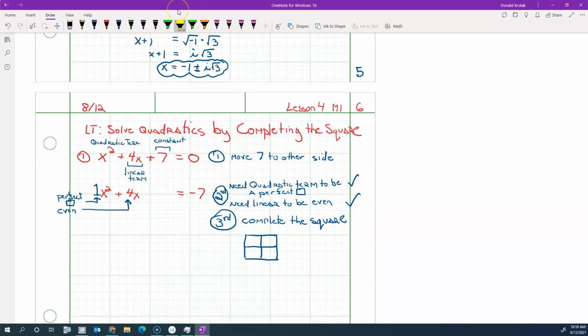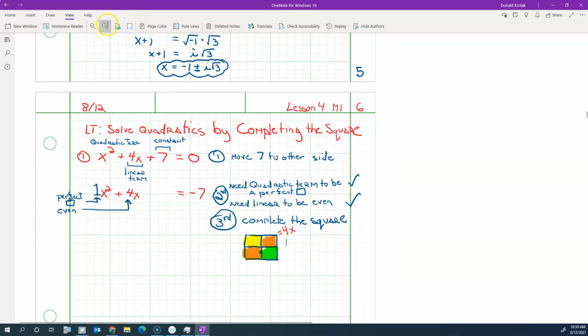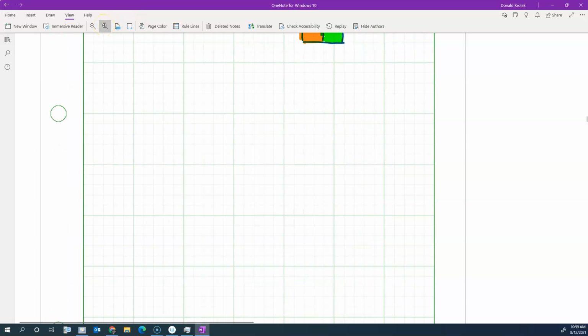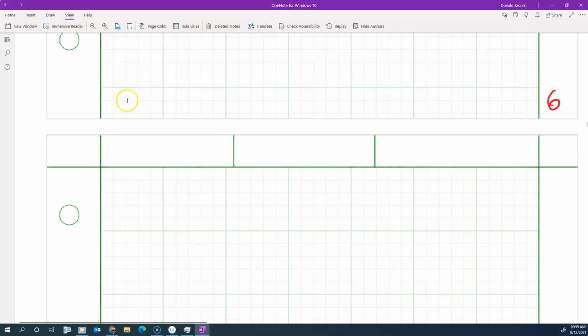Okay. Quadratic term goes there. Linear term, once we figure it out, it's going to go there. And then these were the two terms that had to add up to be 4x. And when we did this yesterday, guys, the two terms that are inside those boxes, they're always the same.